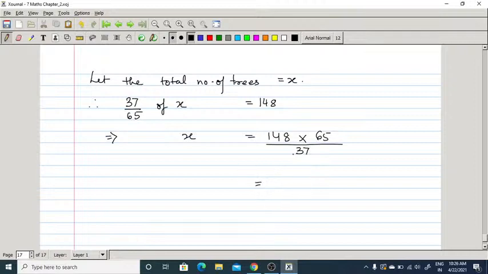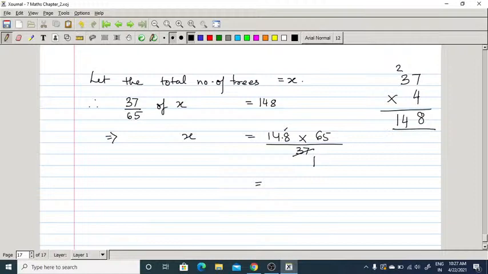Again the same issue: since number of trees cannot be in fractions, it has to be a whole number. So let us see. 37 and 65 cannot be a multiple factor, so we have to target this one. So 37, and I want an 8 over here, because I want 148. So what can yield an 8 over here? 4. So 4 7s are 28, 4 3s are 12, and 2 is 14.